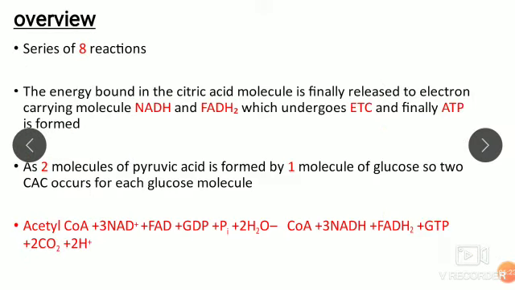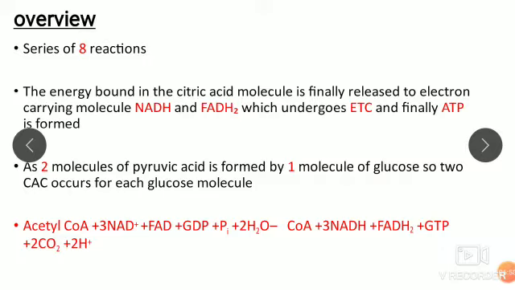Now the whole reaction which takes place through this citric acid cycle can be presented as follows: acetyl coenzyme A plus 3 NAD plus, FAD, GDP, inorganic phosphate and 2 H2O. These are the reactants which take part in the reaction, and these are the products which are formed after the reaction. Coenzyme A gets released after the reaction is completed.